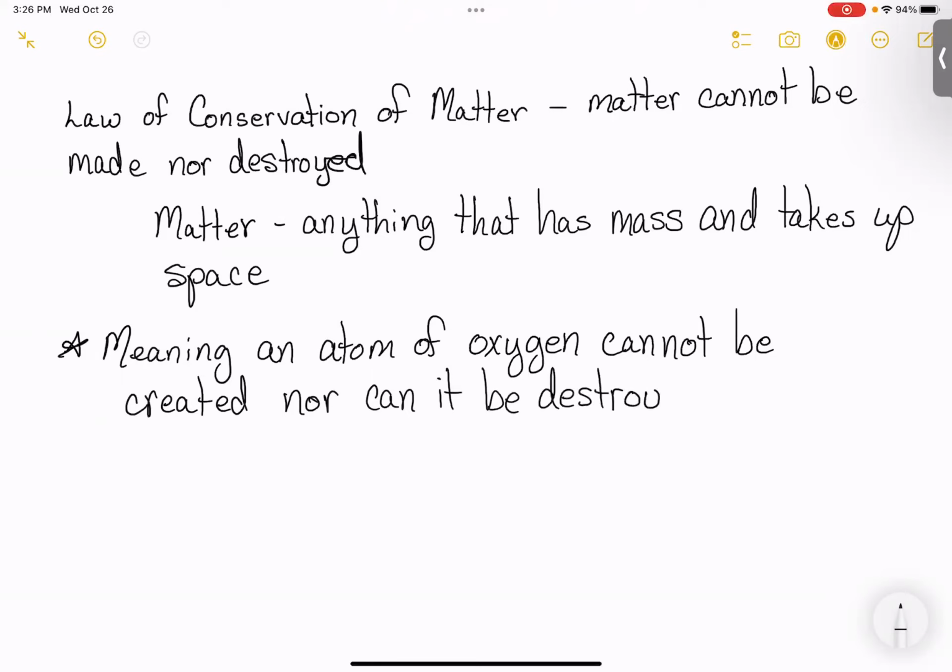The oxygen is already there. It may be in a different format. Maybe it's in carbon dioxide, but the oxygen's already there. We didn't create it, we're not destroying it. It's already in existence.